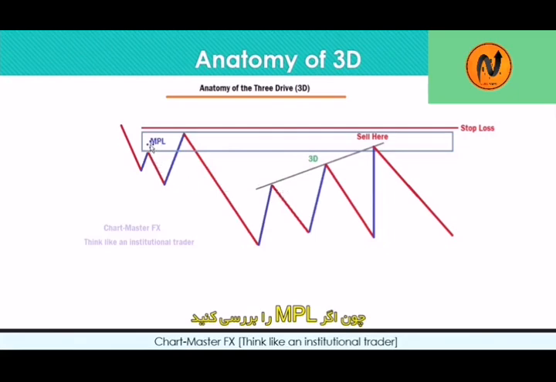Because if you check here on the MPL, as the price comes here, this MPL is fresh guys. So what happens is that when the price comes to this MPL area and touches or consumes this supply, it means that this MPL is now weak.